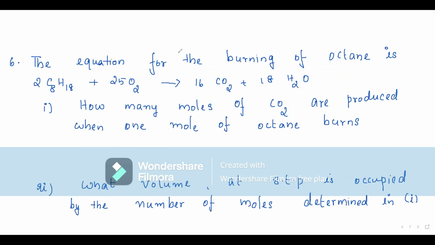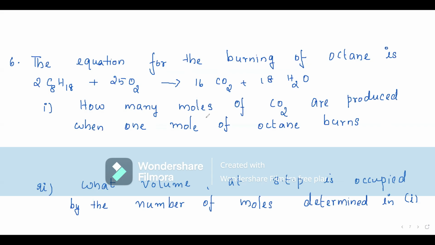Moving on to the next question. One equation is given here, which is the equation for burning of octane. Octane is a hydrocarbon with formula C8H18. It is burnt in oxygen to give you carbon dioxide and water.